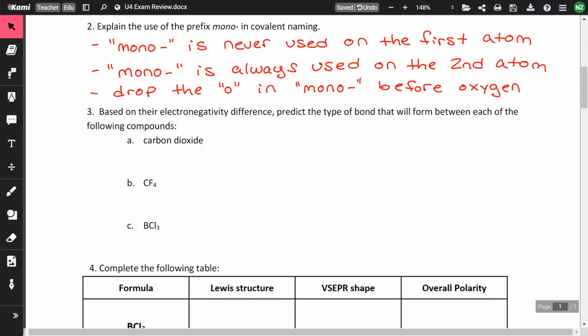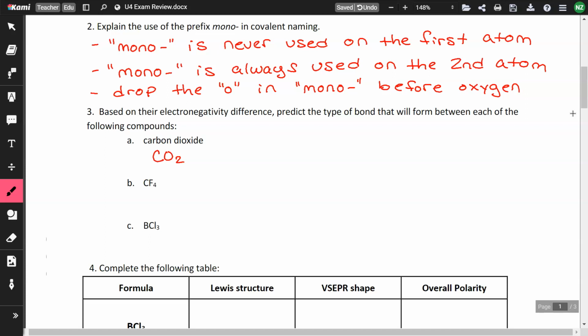Okay, we did some examples like that up above. Okay, number 3 says, based on their electronegativity difference, predict the type of bond that will form between each of the following compounds. So the first one is carbon dioxide. And for carbon dioxide, that's CO2. So for this, you're going to go to your resource packet, and you have a table of electronegativity values. You want to find the difference between these.